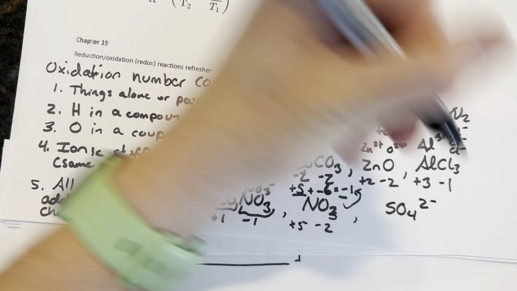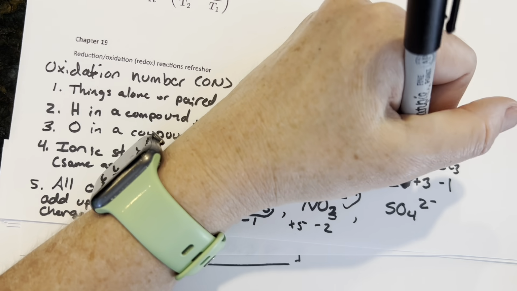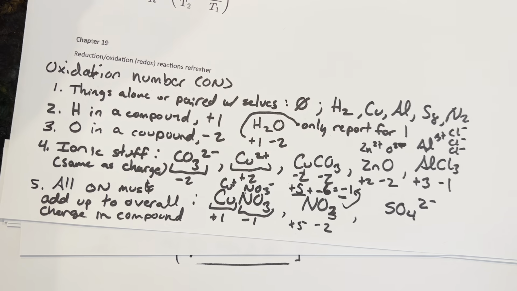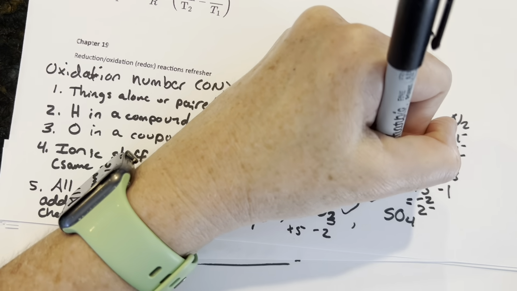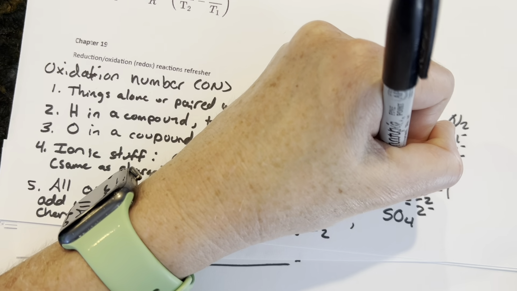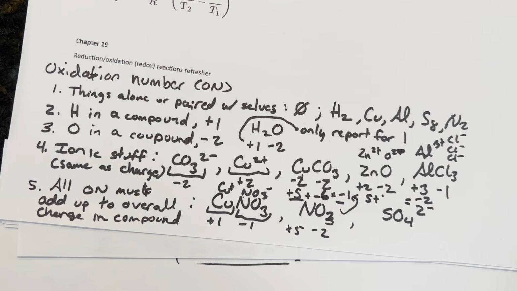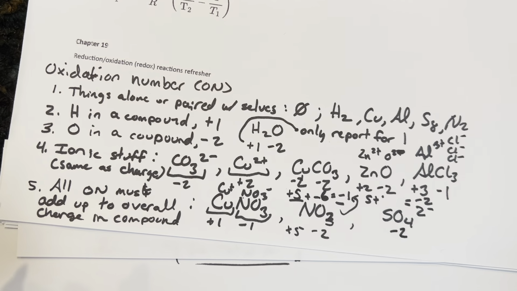SO4, 2 minus. Let's look at sulfate and say I want to break it down. So our overall charge of the sulfate is -2. And we know that the sulfur plus 4 oxygens has to equal that -2. We know that each oxygen is -2 because it's oxygen.